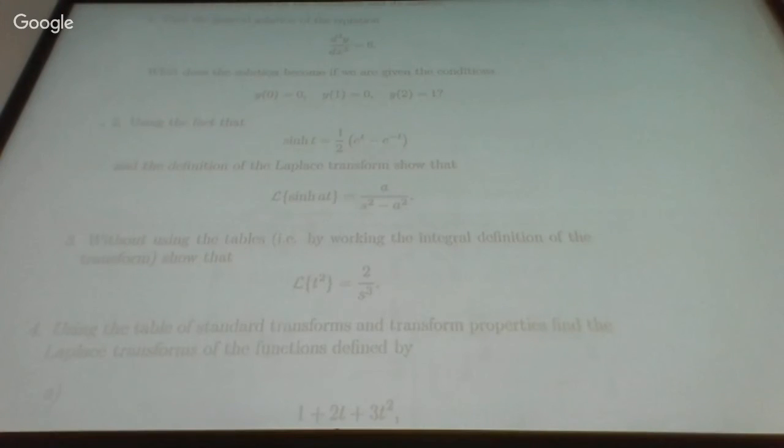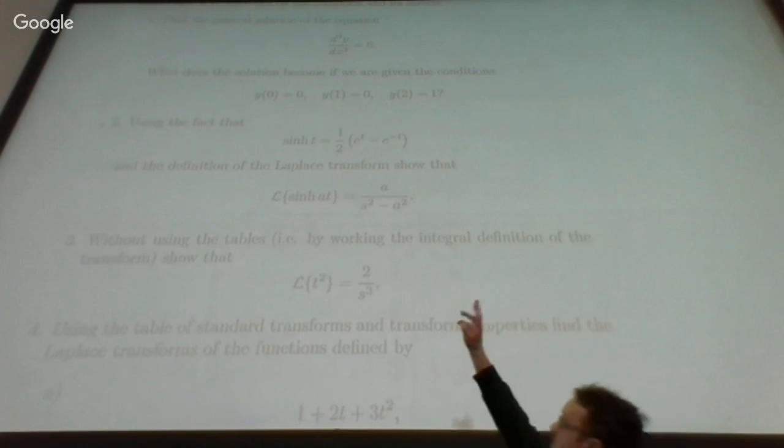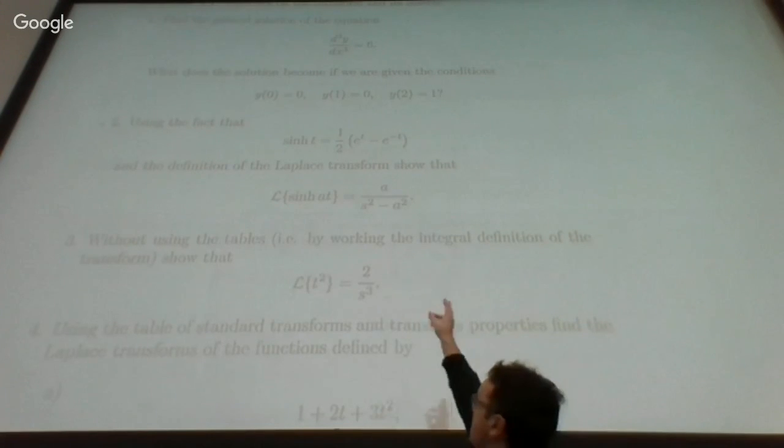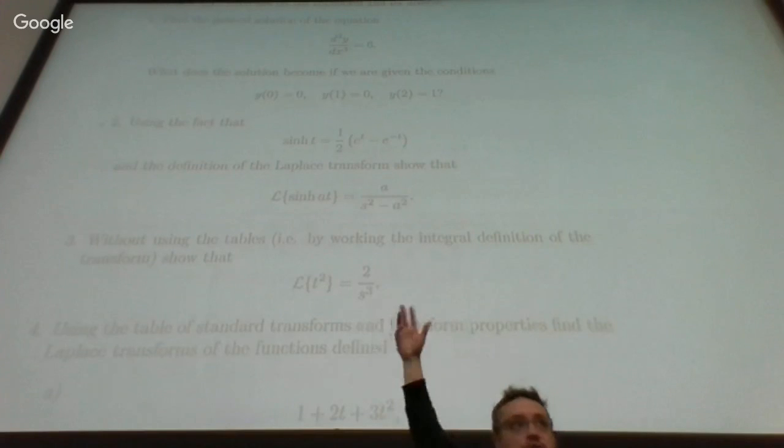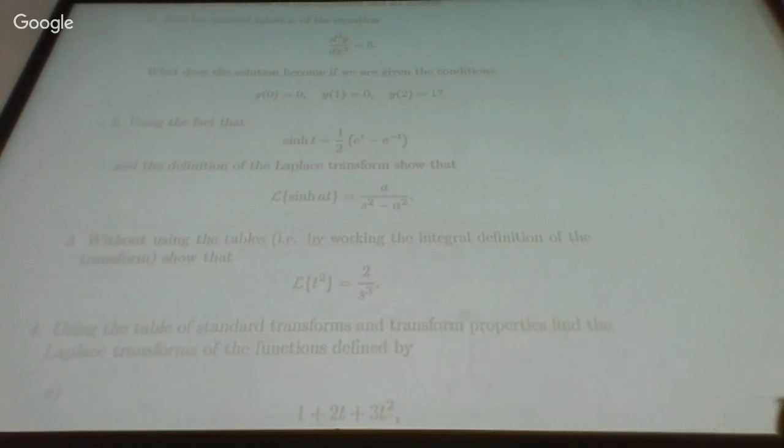And you need to use linearity here as well. So you say, taking the Laplace transform of the hyperbolic sine, that's going to be the same as taking the Laplace transform of a half times the difference of those exponentials. And so you use linearity then to split it up, and then use the transform of exponentials and so on.